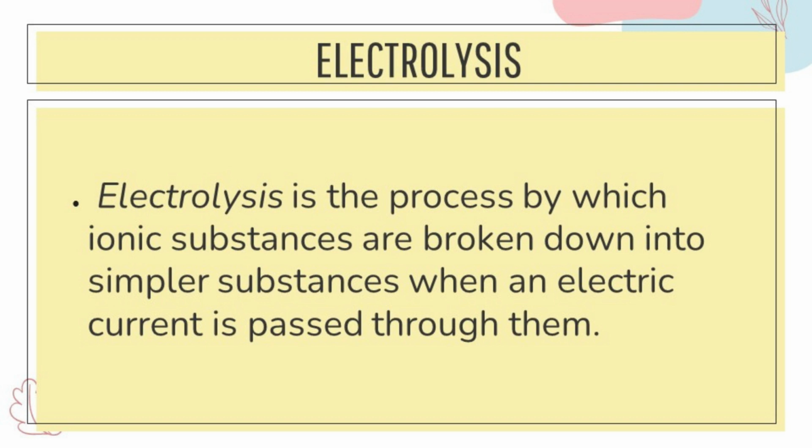It can be aluminum or iron. So that is what we are doing: we are applying electric current in order to synthesize those objects. Aside from that, electrolysis is also used to layer different metal surfaces. We are layering different metal surfaces to prevent corrosion.